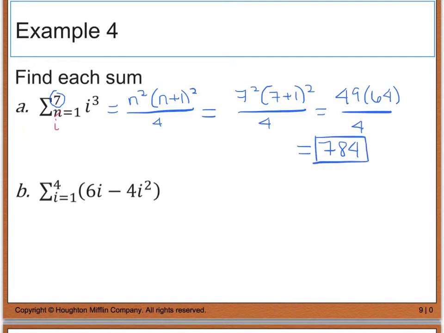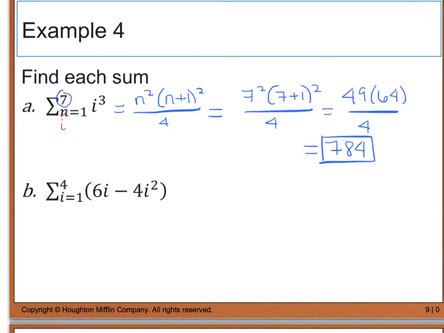For part B, let me get my pen turned on, you'll see that from that sums of powers of integers table, you have a formula that gives you a sum for i and for i squared. So what we need to do is break this 6i minus 4i squared up into 2 summations.